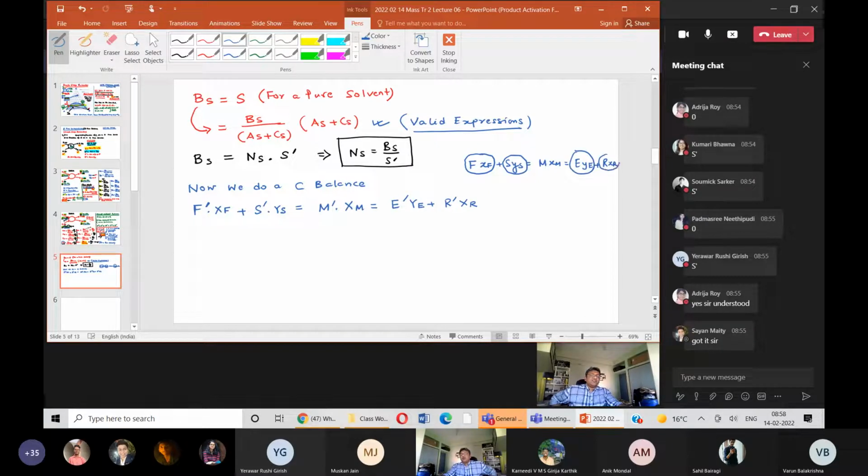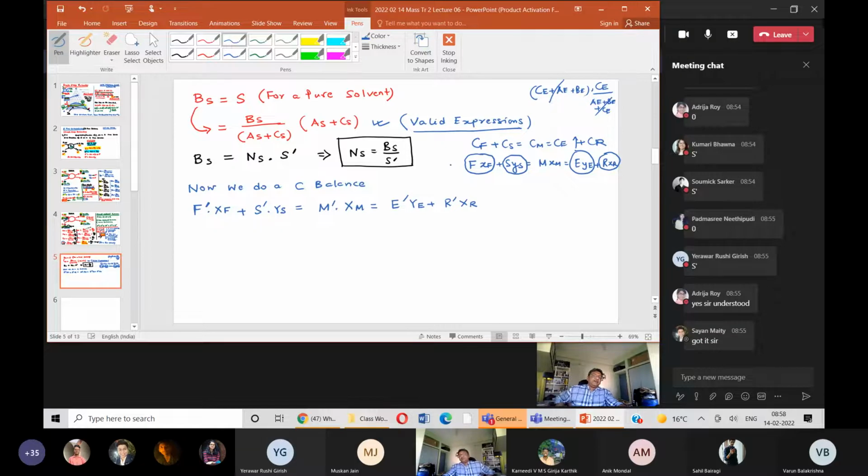And this is C in the raffinate. So what is EYE? E is CE plus AE plus BE, into C in E divided by AE plus BE plus CE. So these two get cancelled out. So essentially what you are writing is C in F plus C in S is equal to C in M equal to C in E plus C in R. This is the C balance.